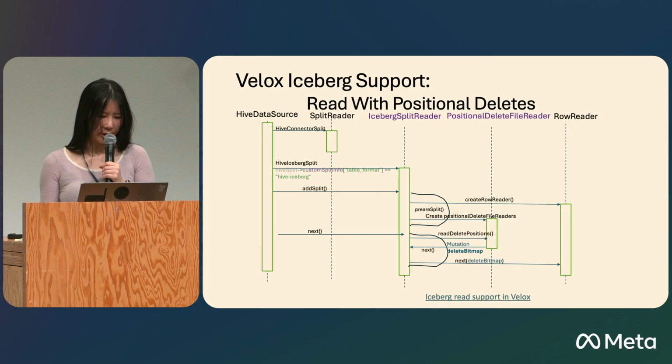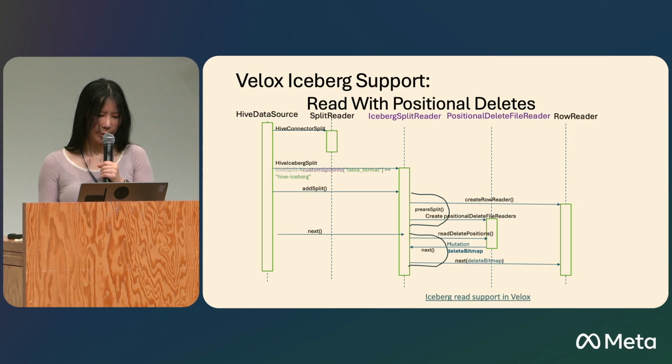Then during the real read, implemented in the next function, it asks the positional delete file reader to read the deletion positions, and the result is sent back to the base file reader as a mutation object, which is actually a delete bitmap.